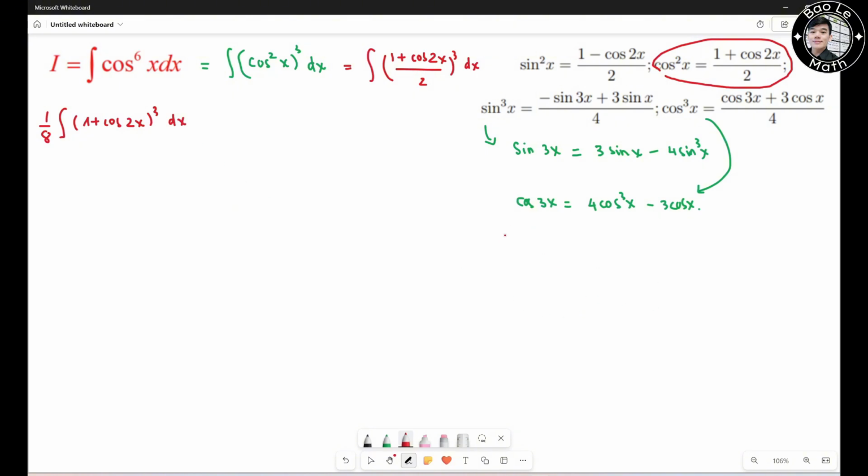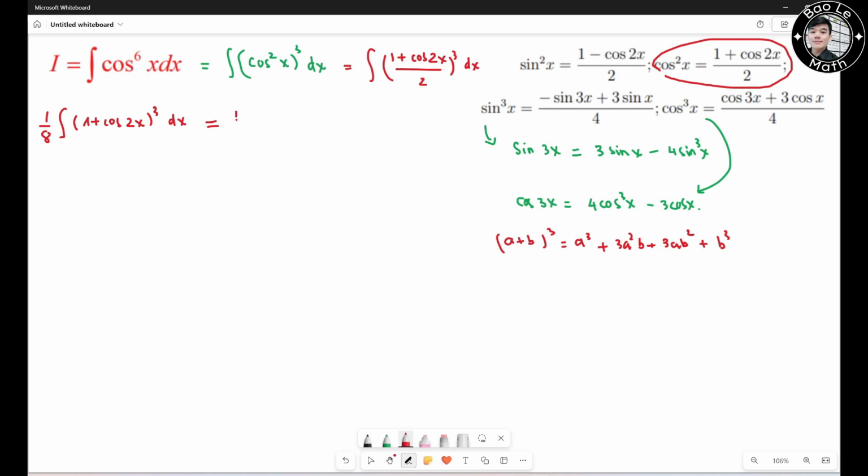Now I have the formula: a plus b cubed is a cubed plus 3a squared b plus 3ab squared plus b cubed. Alright, so I'm going to apply this formula to expand this one.